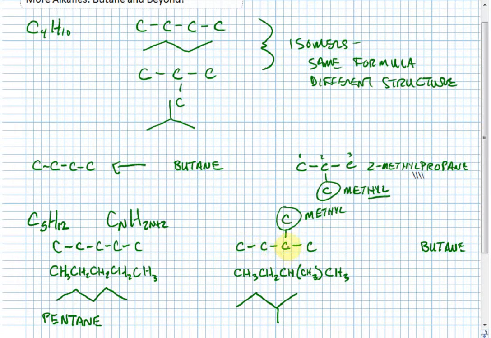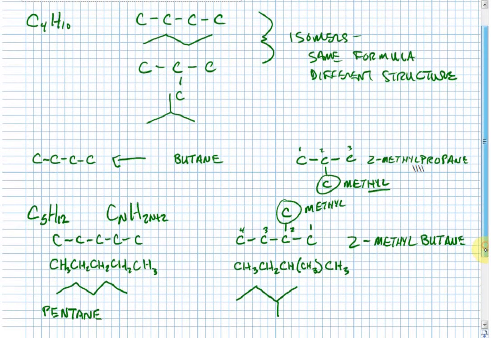If we count right to left, 1, 2, 3, 4, it's connected to the 2 position. Rule is we always want to count to get the lowest number, so we're going to count, in this case, from right to left, and say that carbon is connected at position 2, and this is 2-methylbutane.